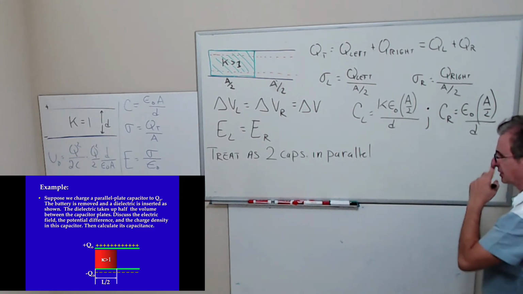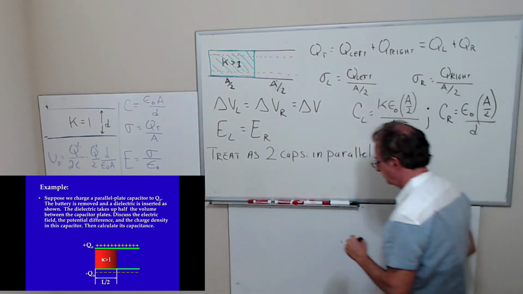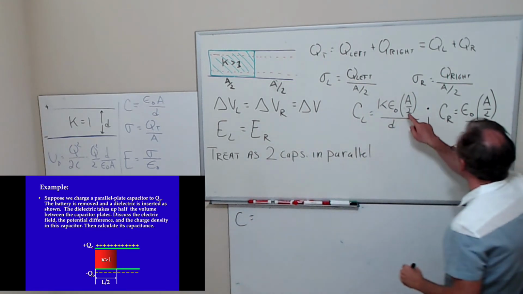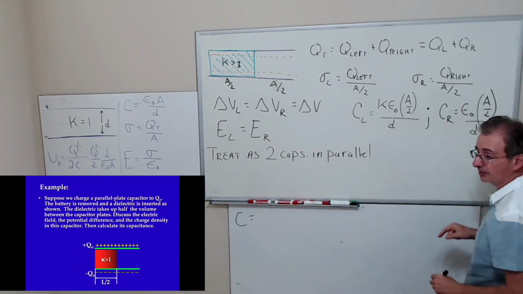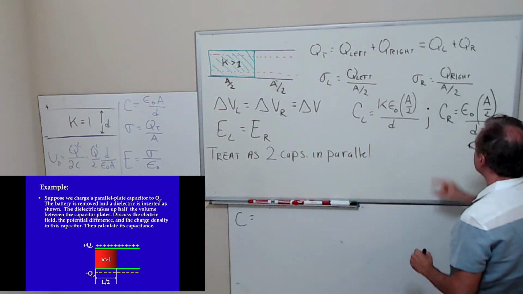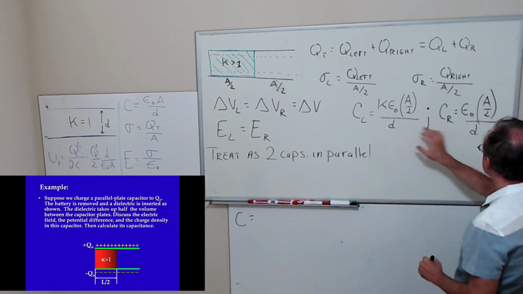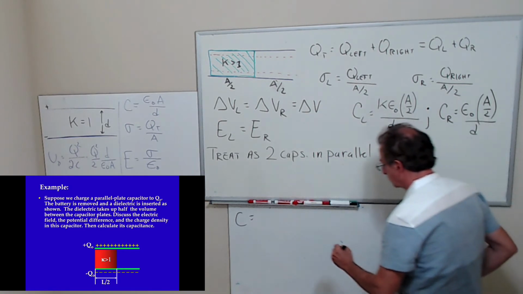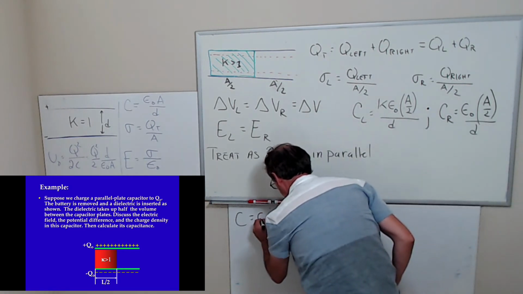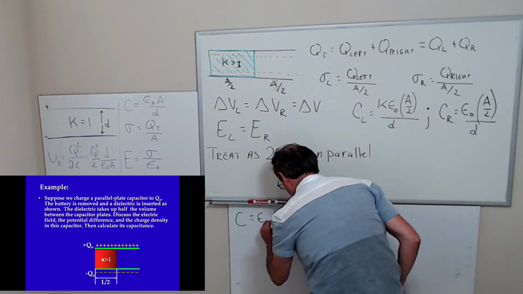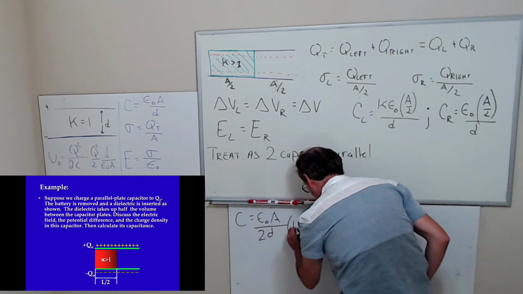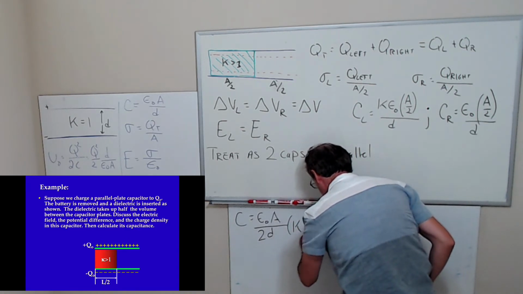What's the total capacitance for the system? Well, they're in parallel, so my total capacitance is going to be this capacitance plus that capacitance. When I add these two together, and this is going to be a fairly straightforward calculation, I'm going to get epsilon naught A over 2D times kappa plus 1.